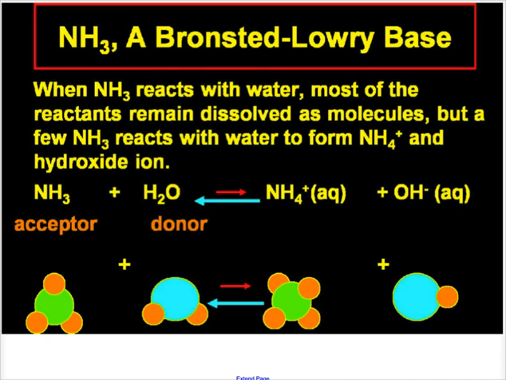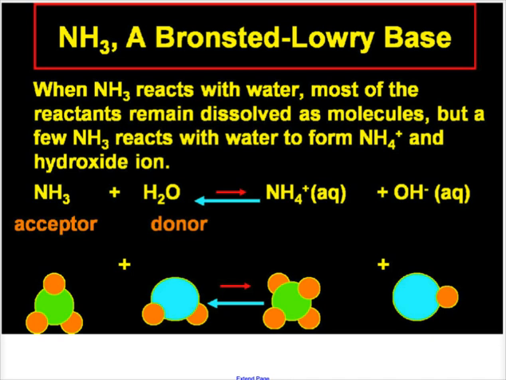To review a little bit about Bronsted-Lowry, the molecular diagram or models here show that the ammonia, represented here, serves as a proton acceptor. If you look at, on the product side, what ammonia has changed into, it is an NH4 plus ion. So in going from ammonia NH3 to NH4 plus, the substance has taken in a hydrogen ion, so it has accepted a proton.